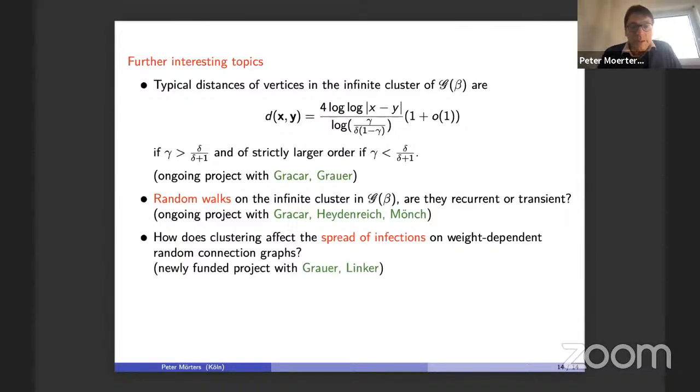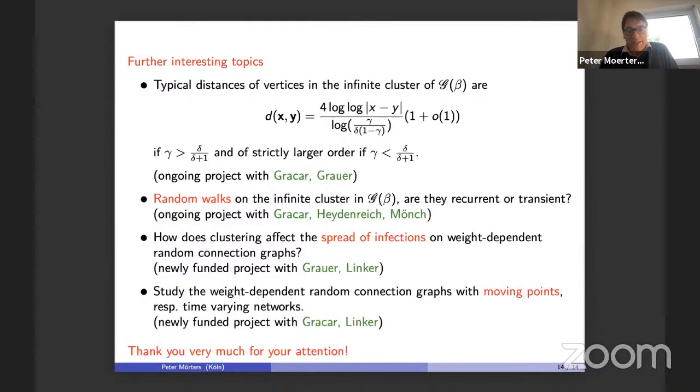And a long-term plan with Peter Grazer and Amitai Linker is also to use the fact that we have spatially embedded graphs to let the points move around, so to look at time-varying graphs or networks. But this is still in its infancy. These are the next plans for the research on these spatial random graphs in our group. Okay, so thank you very much for your attention.